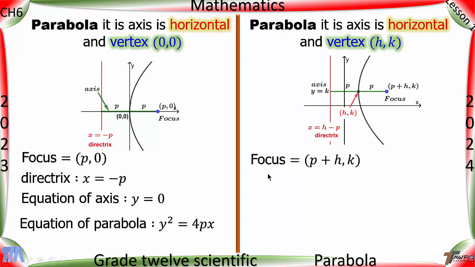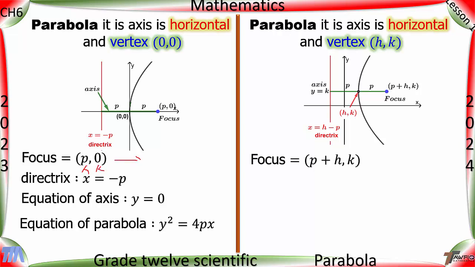Then, to remember easily, just add h for x and k for y. That means if you want to find the focus of this case, only add h to the x of the focus point and add k to the y.